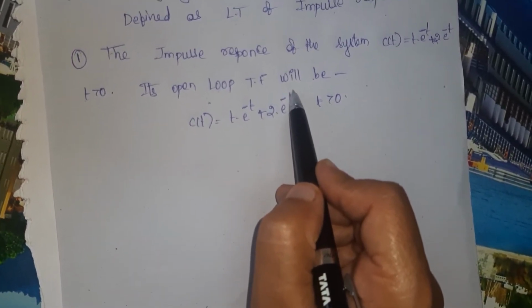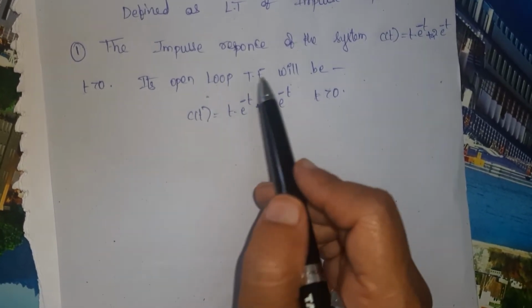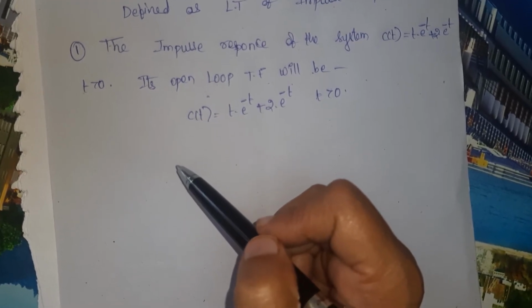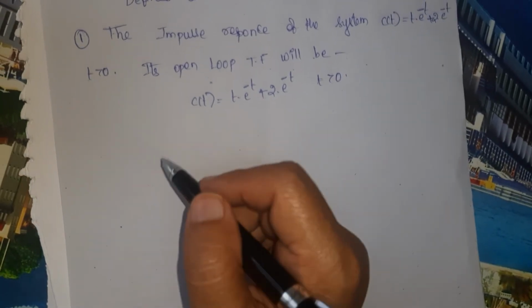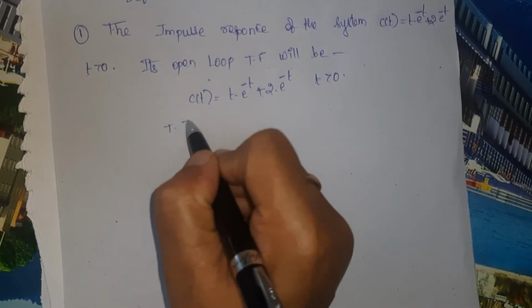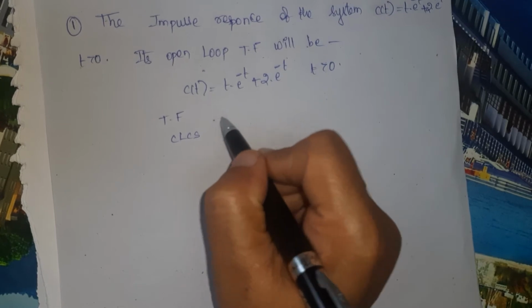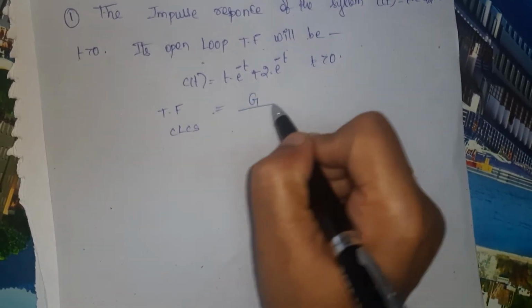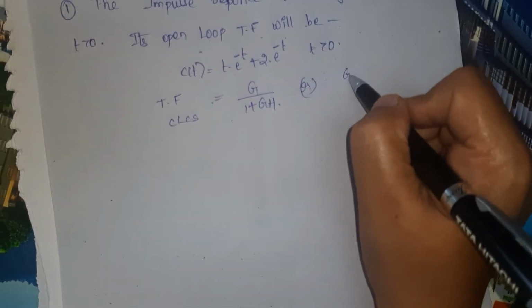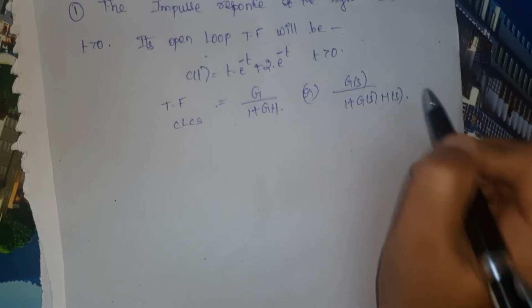Okay. So what is the open loop transfer function and what is the closed loop transfer function? See, first, for closed loop, the transfer function formula is C of s by R of s equals G by 1 plus GH, or G of s by 1 plus G of s H of s.